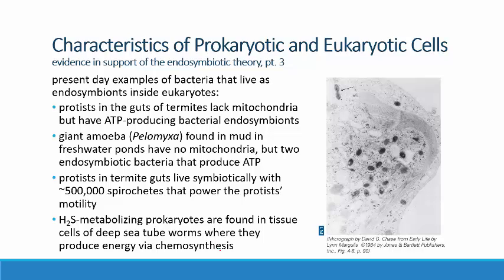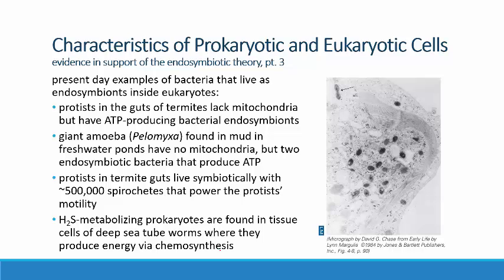There's a genus of giant amoebae called Pelomyxa, and it's found in the muds of freshwater ponds. They too don't have any mitochondria, but they have endosymbiotic bacteria that live inside them and produce ATP for them.